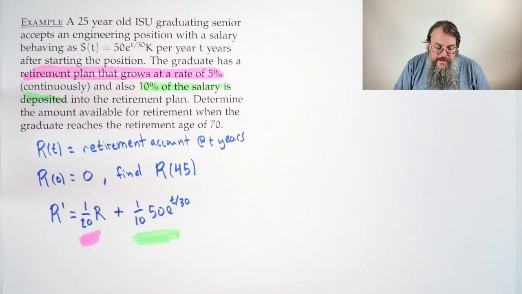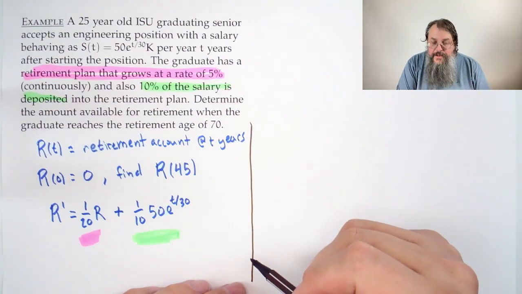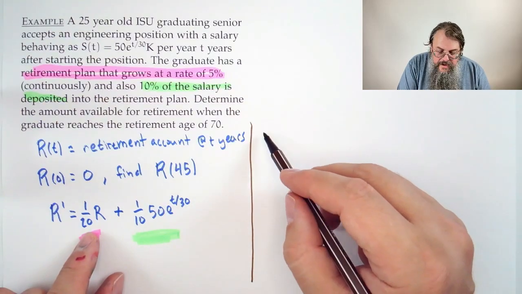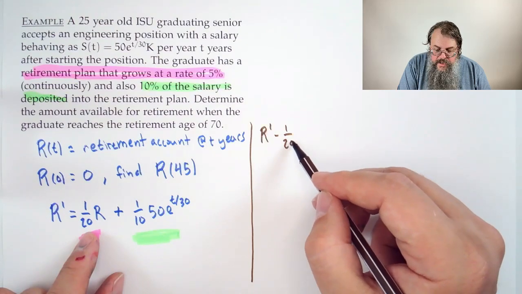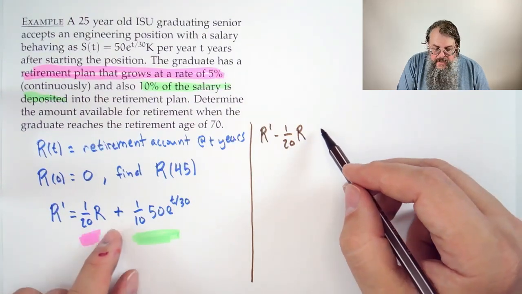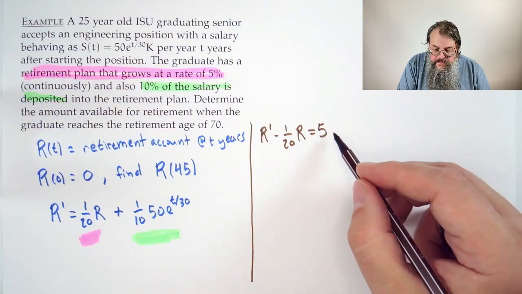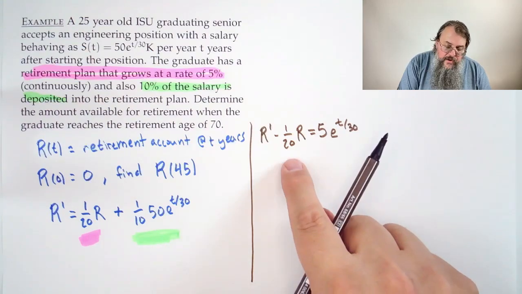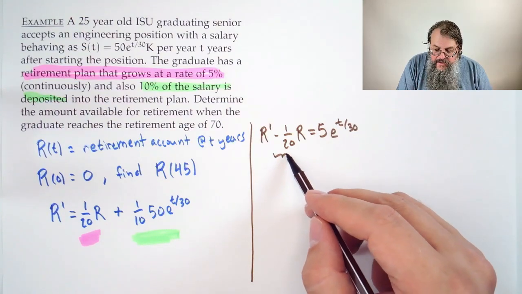So the hard part is setting it up in some sense, because among all the first order linear equations, well, no big surprises, because this is just a constant. So you get r prime minus 1/20 r is equal to, over here, 50 over 10 would be 5 e to the t over 30. So our integrating factor, well, it's the minus 1 over 20.